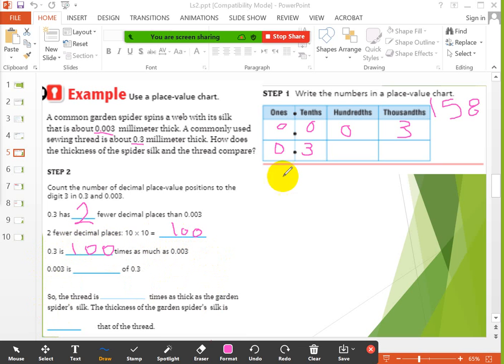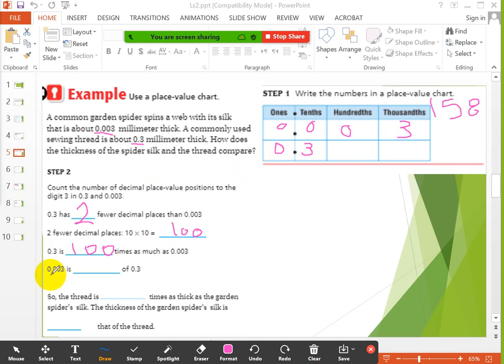Why? Because the difference between the digits of those numbers is 2 digits. That means I have 2 zeros. That means this number is greater than 0.3 thousandths by 100 times. Okay? Or if I want to write it the opposite way, this number is less than this number by 100.